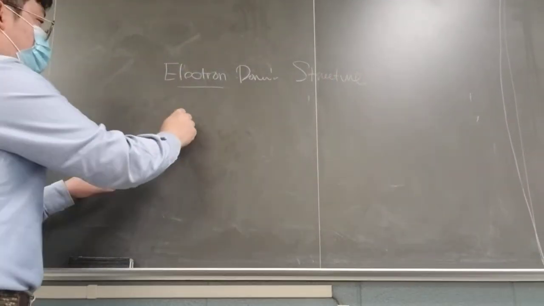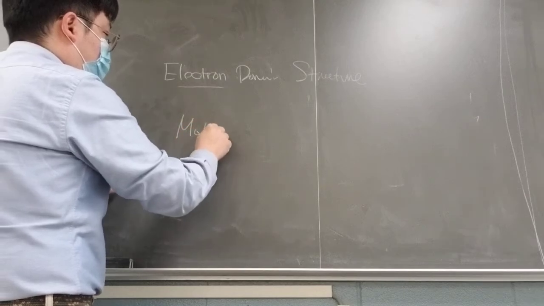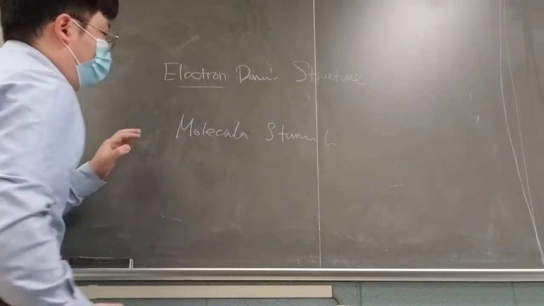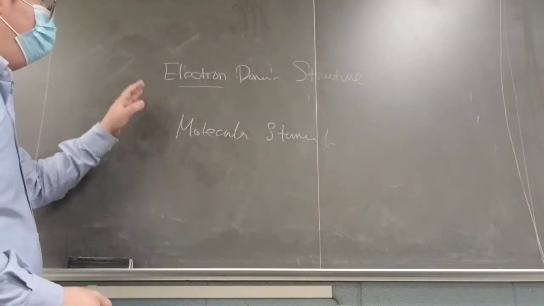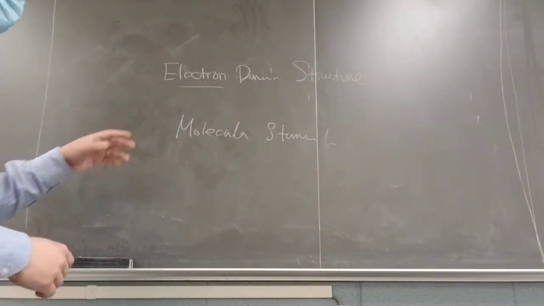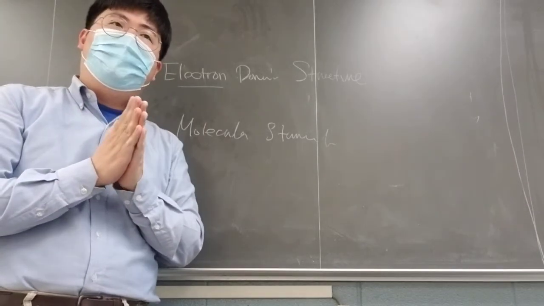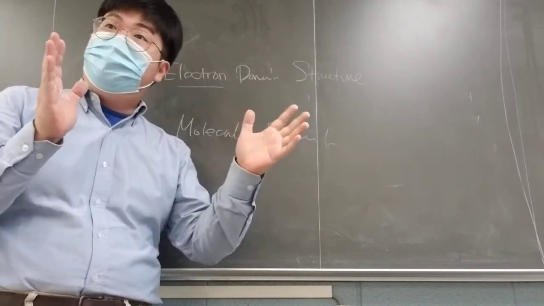And you have a molecular structure too, so there's molecular geometry and electron geometry. There are two types of structure you can look at, because whenever we talk about structure, most of the time we're talking about the bondings.